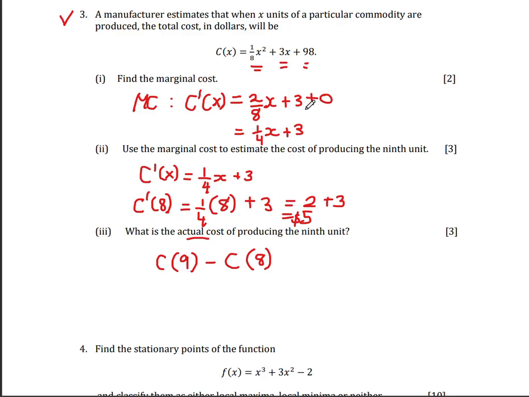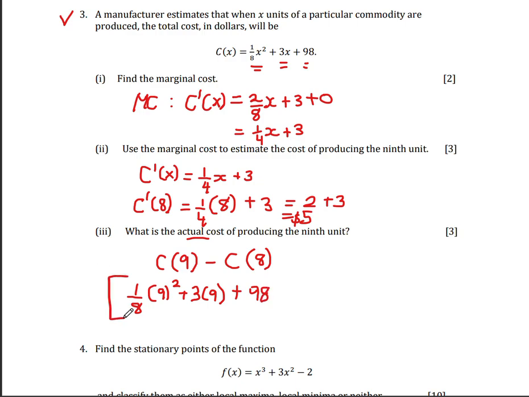So let us simplify that. C of 9 is going to be 1 over 8 multiplied by 9 squared plus 3 multiplied by 9 plus 98. And this is going to give us the total cost of producing the 9th unit.